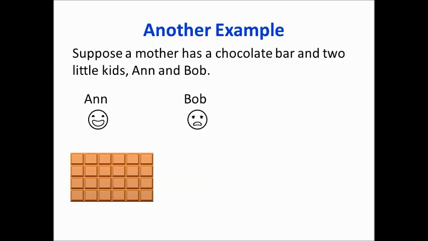But the question about happiness may not be the question about Pareto efficiency. So we should check whether this allocation by the mother that gives all the chocolate to N and to Bob nothing, whether this is Pareto efficient. So can we find a Pareto improvement?